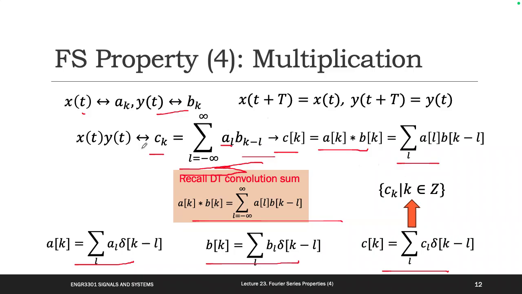Actually, this property is very important for signals and systems, because if you want to filter for a specific frequency, which means if you do a multiplication in the time domain, you do a convolution in the frequency domain.